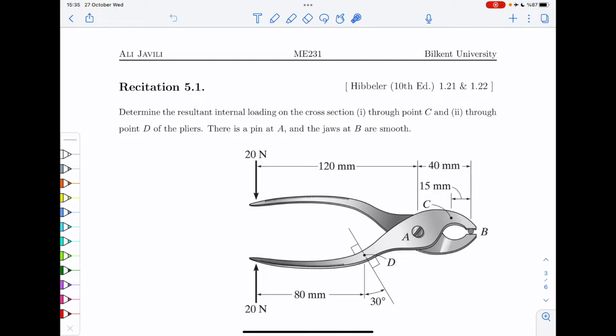The dimensions are given here. At point A, you have a pin. So basically the way you should look at it is that you have 2 pieces. So this is piece 1, okay? And then you have this other piece, piece 2, which is behind this.